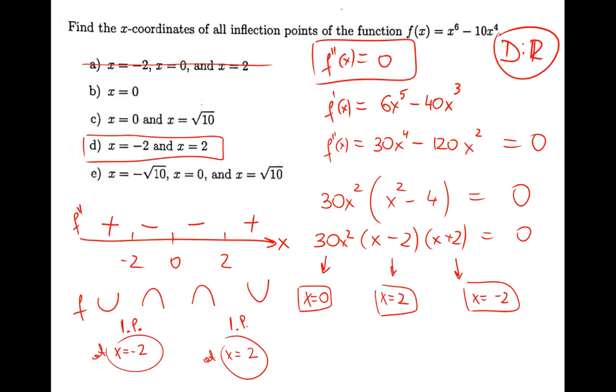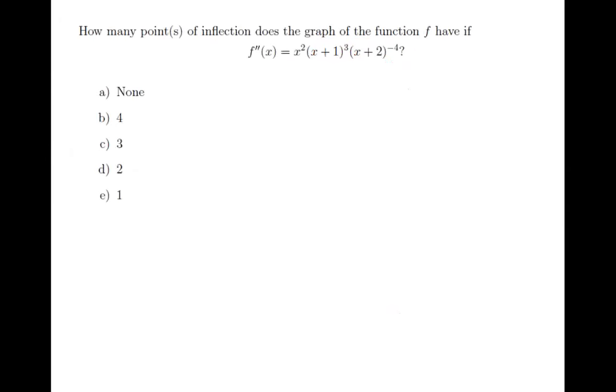Okay, let's see. Oh, this is a good question. How many points of inflection does the graph of the function f have? And the second derivative is given. Okay, I can maybe rewrite the second derivative.